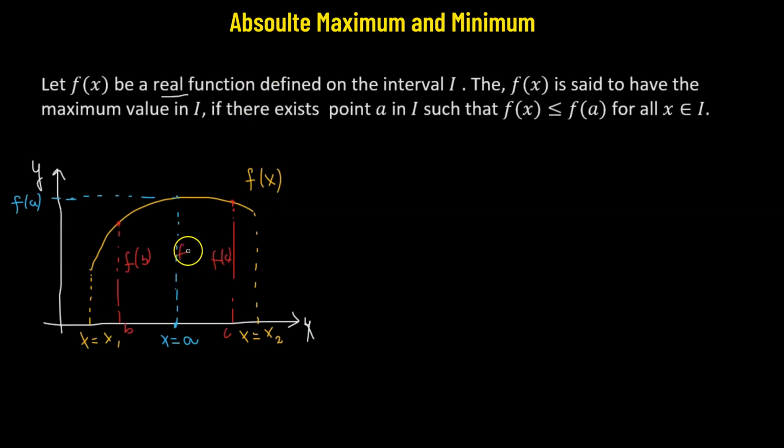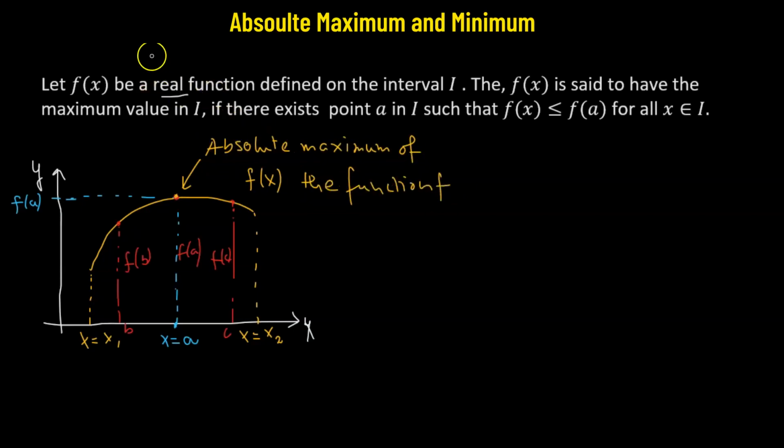Our f of a is always going to be greater than any other value of the function lying on the curve. So this point is going to be the point of absolute maximum. This is the point where the function attains the maximum value. We will call it the absolute maximum of the function f.